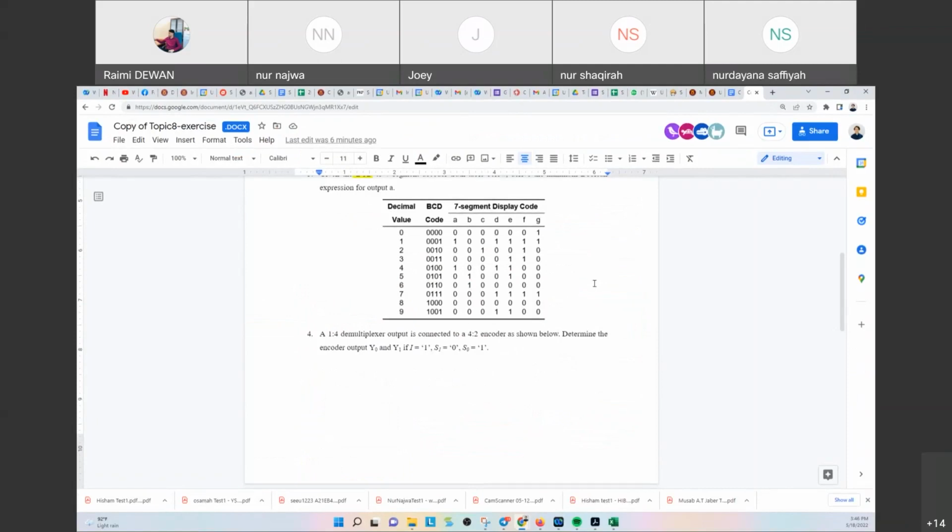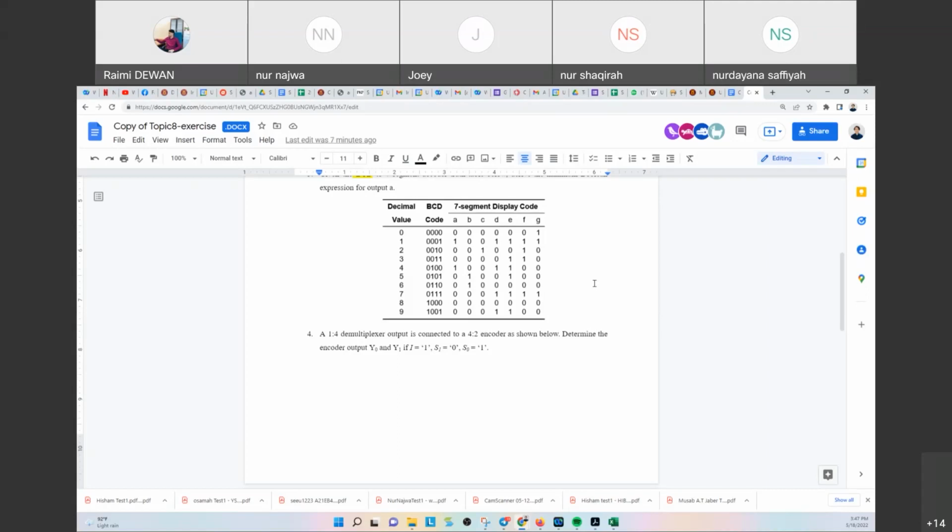What 3 things must a multiplexer have? One of these 3 differentiates the multiplexer from other chips, because other chips don't have this. Only the multiplexer and demultiplexer have it.